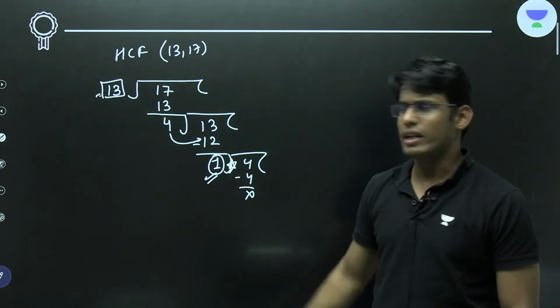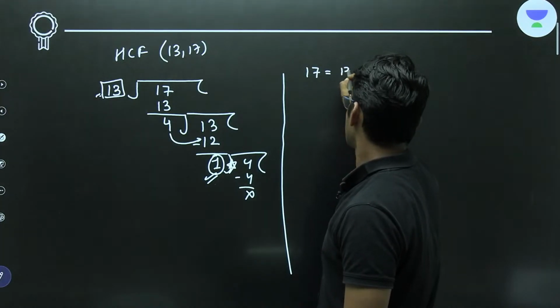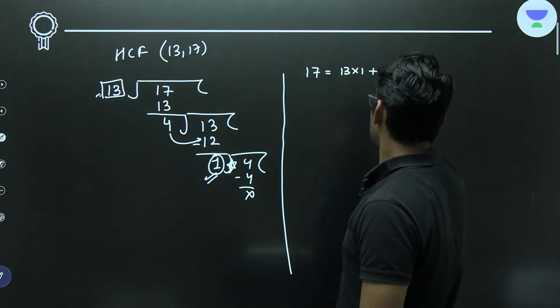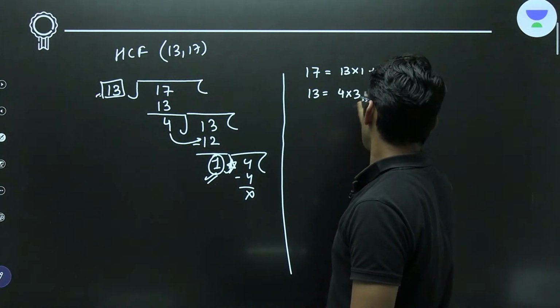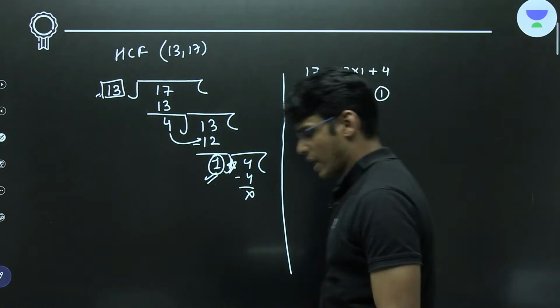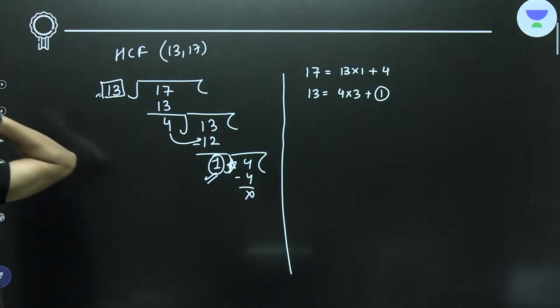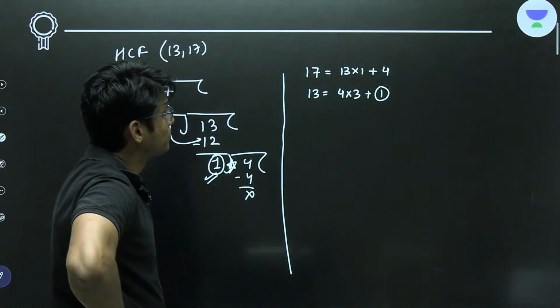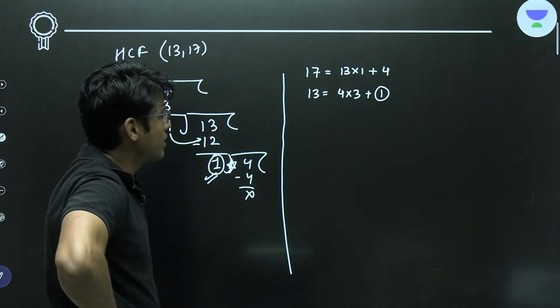Now, how do I write it in equation? I can write this as, right? This is my eventual HCF. Got it? Am I making absolute sense here?